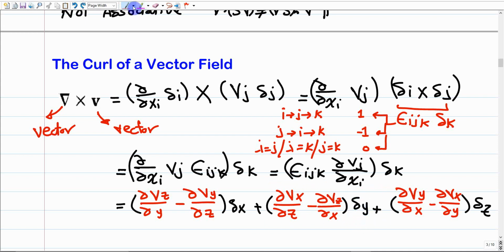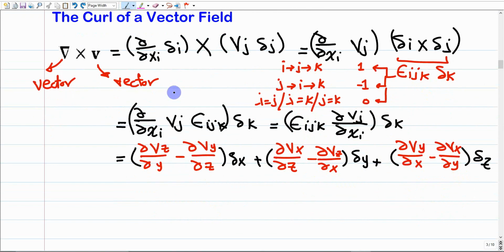If we decided for some reason to have a more compact form, as we mentioned before, that partial vj with respect to xi, we can write this term as vj comma i. Agree? So we can see that this is epsilon ijk vj comma i, delta k.